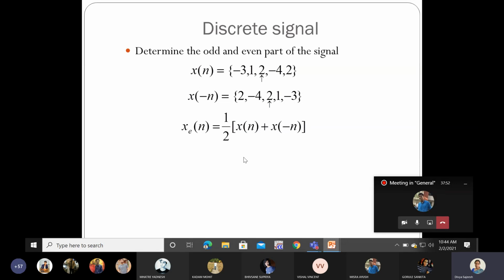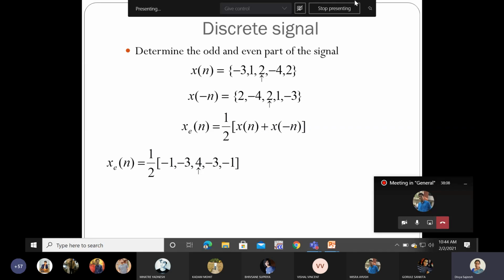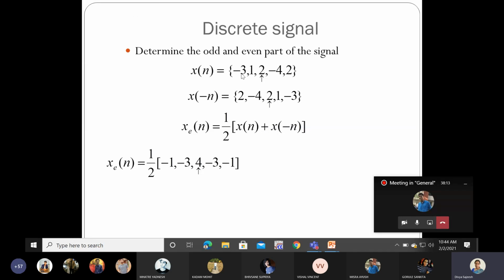You have to add the signals. In that first one, that is x of minus 2, we have to add x of n and x of minus n. So x of minus 2 is minus 3 and the second x of minus 2 is 2.